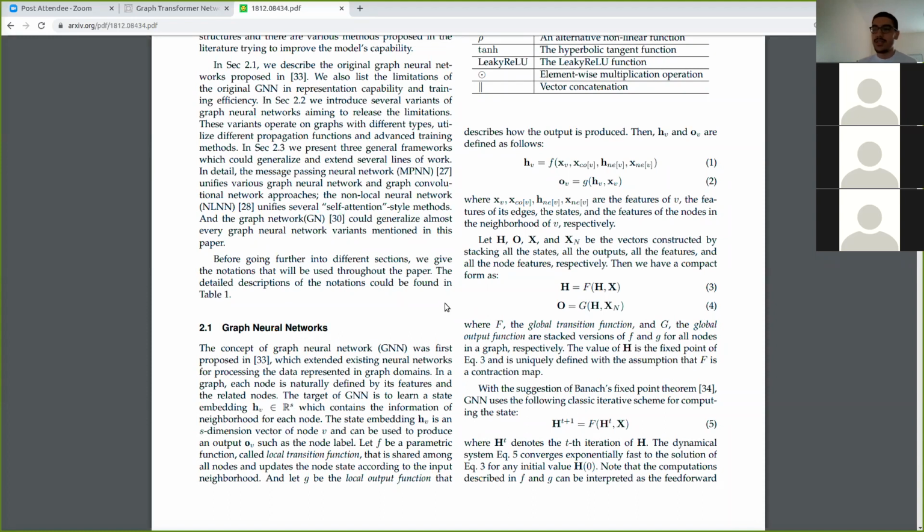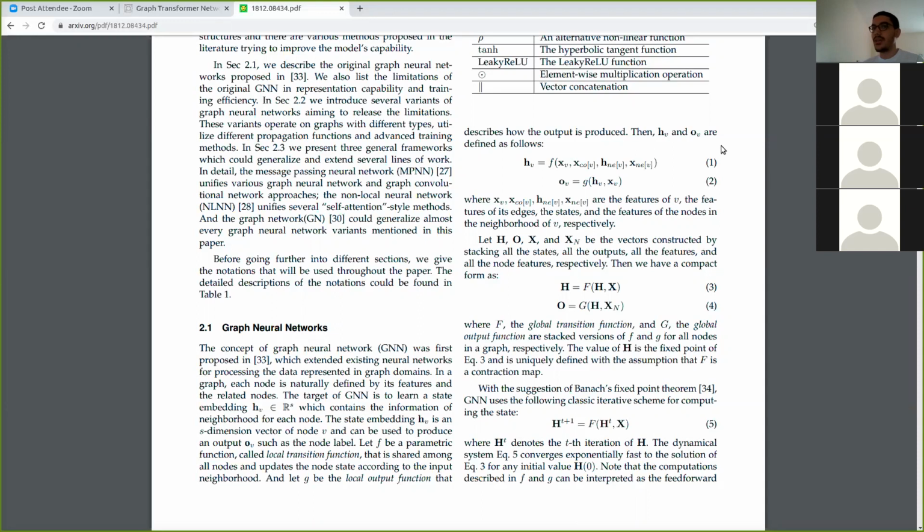The way that this is done specifically is there's a parametric function called the local transition function, and this is one which is shared amongst all the nodes. Essentially what it does at a high level, here's the equation, is pull in information from its neighbors: its neighbors' feature vectors, the features of the edges connecting to those neighbors, and aggregate it in some way with its own feature vector and/or vector representation, and apply a function to it.